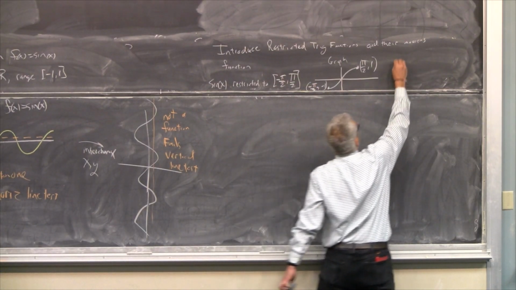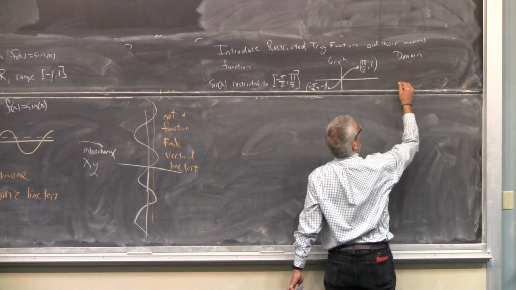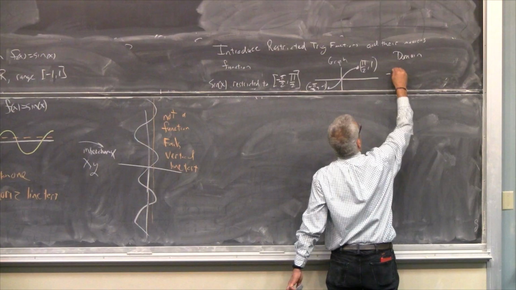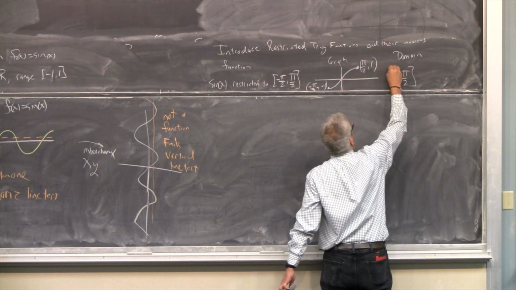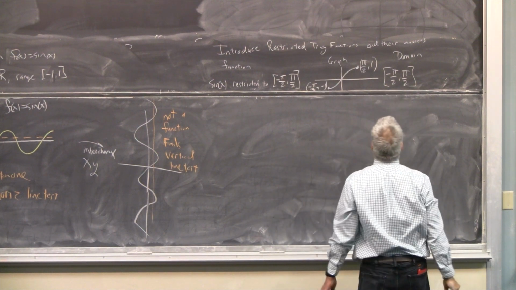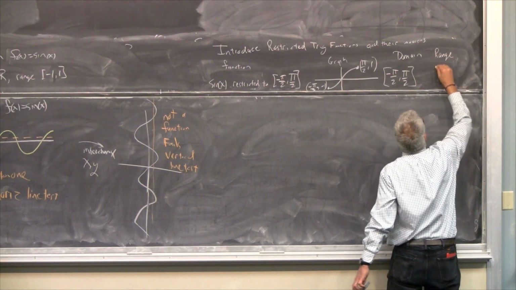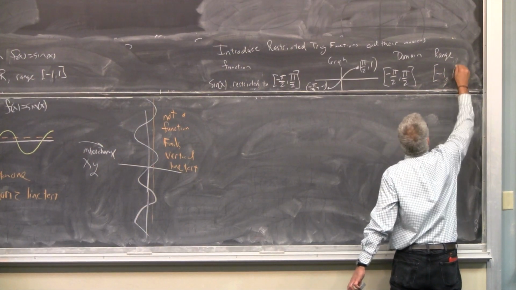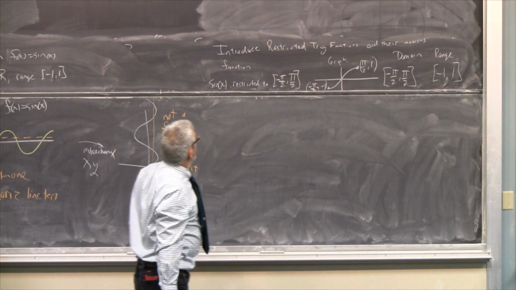Its domain is minus pi over 2 to pi over 2, including the endpoints, and its range is the interval minus 1 to 1, including its endpoints.